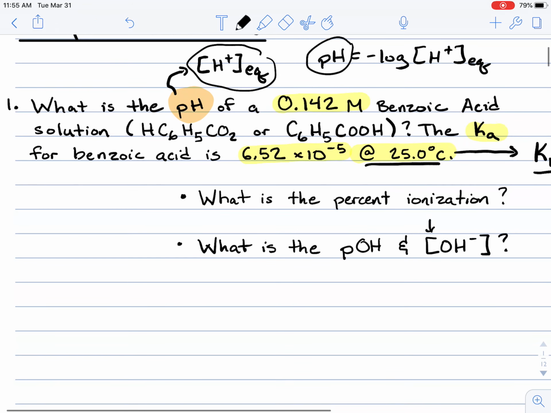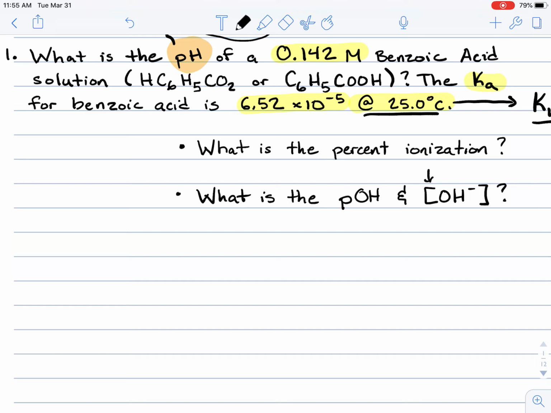Part of building our ICE table is to be able to write a balanced chemical equation, so let's go ahead and do that first. It looks like benzoic acid has two chemical formulas. I'm just going to use the first one that I see.